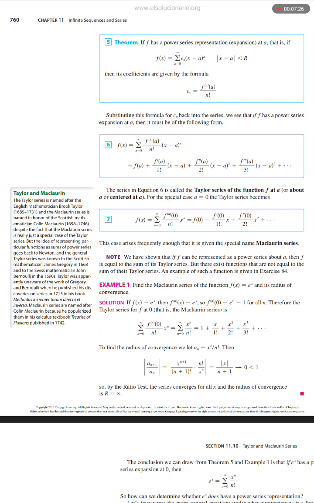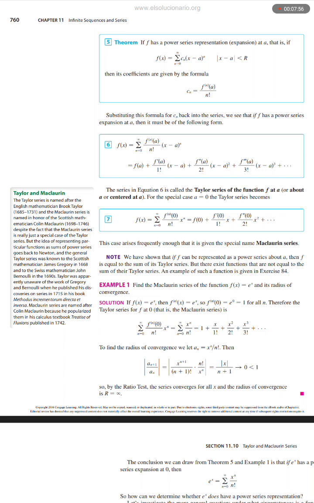See the sidebar. Taylor and Maclaurin. The Taylor series is named after the English mathematician Brook Taylor, 1685 to 1731, and the Maclaurin series is named in honor of the Scottish mathematician Colin Maclaurin, 1698 to 1746.